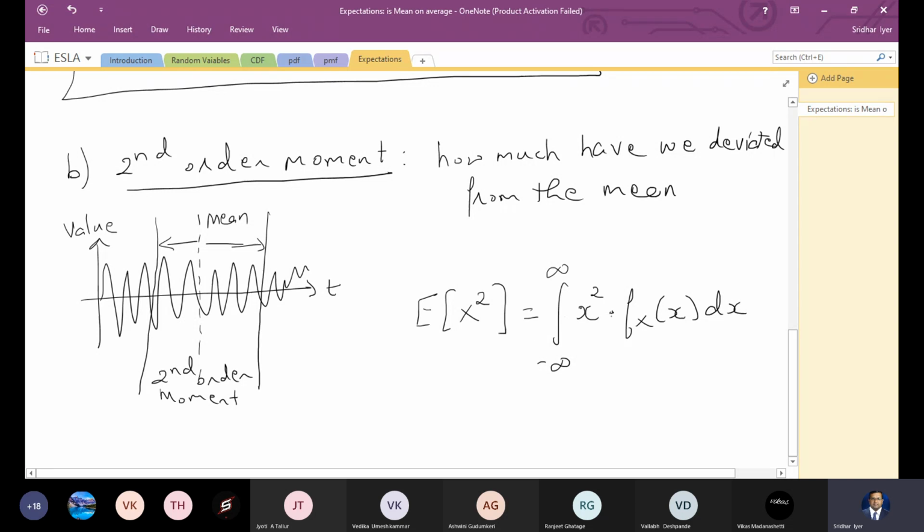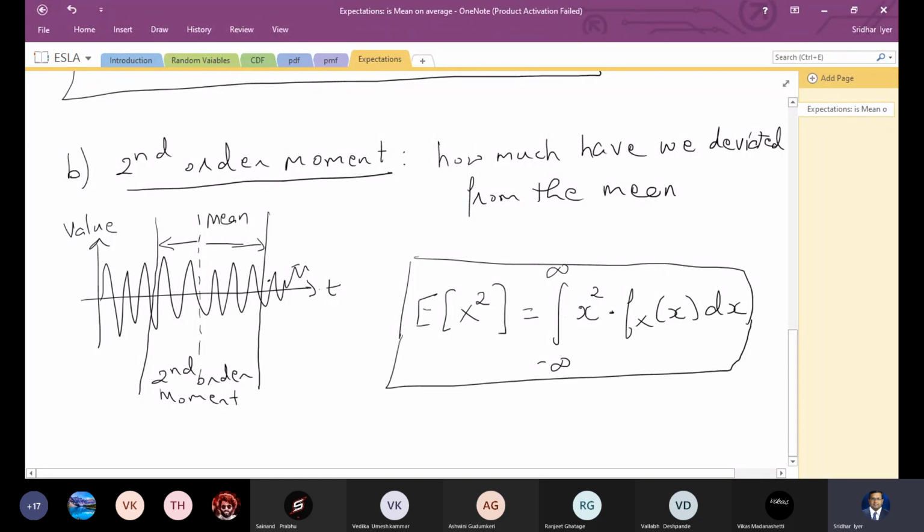The second order moment is E of x square, which is x square fx of x dx. Okay. So this equation again is going to be helpful for us, but we'll see that mostly in the numericals we'll be using the equation for mean and that of variance rather than the second order moment, right? However, it is always good to know what the second order moment is.